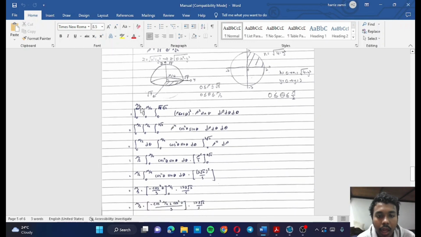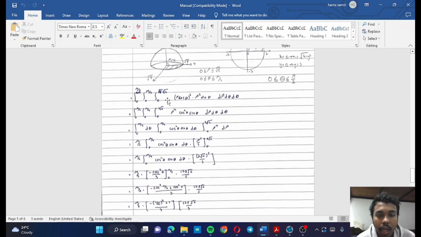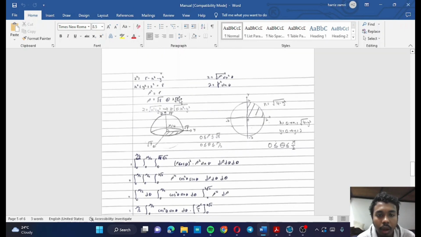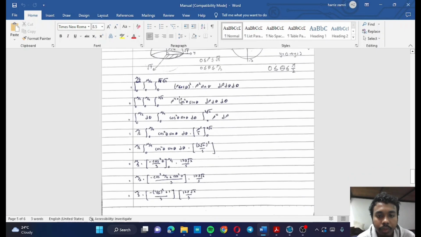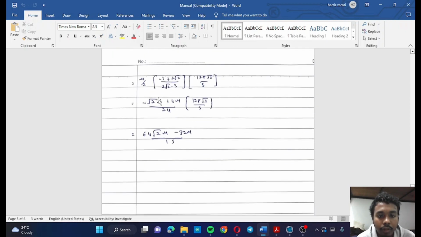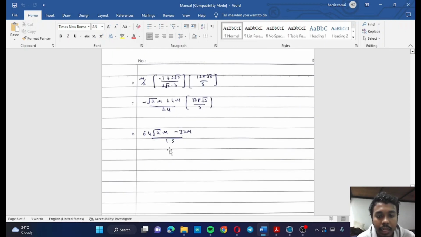And then I change the Cartesian equation to spherical coordinates. Yes, I get like this for the upper limit theta, the upper and lower limit phi, and rho lower limit and upper limit. And for the final answer, I get this.